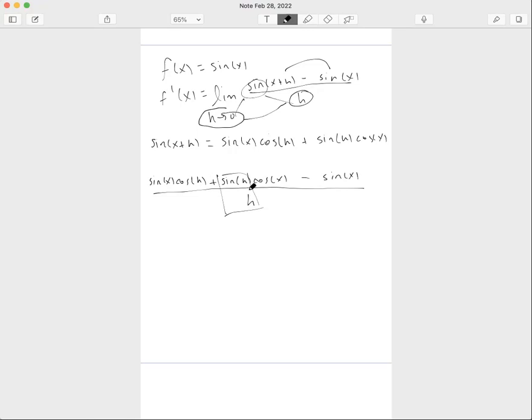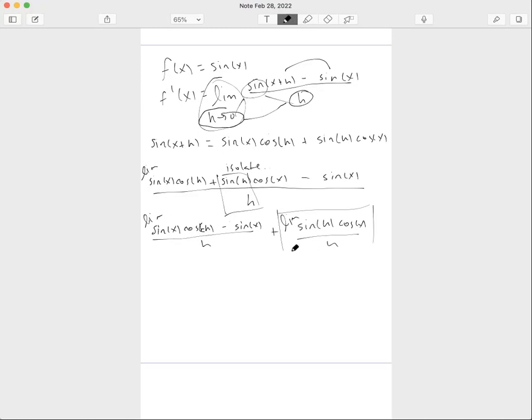So let's isolate this part. Let's bring this over to the right side. Let's split it up. Now remember, these are all limits as h goes to 0. There's a limit here and a limit here.